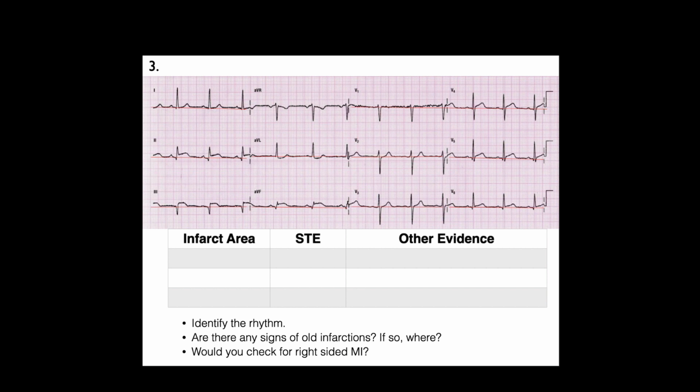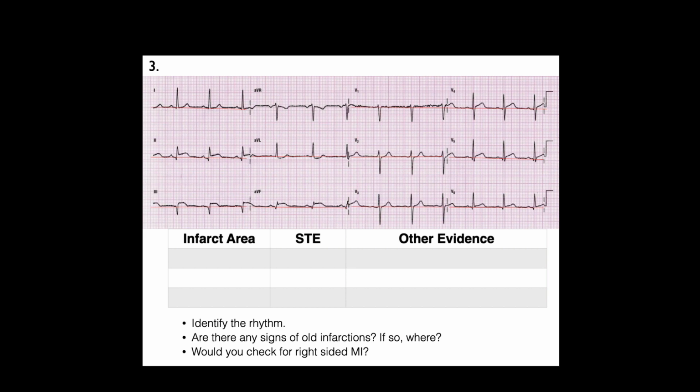Wait, what is V5, V6? What area is that? That is not the anterior. What's V5, V6? Let's say lateral. Good, okay.